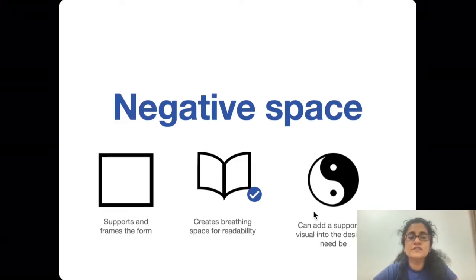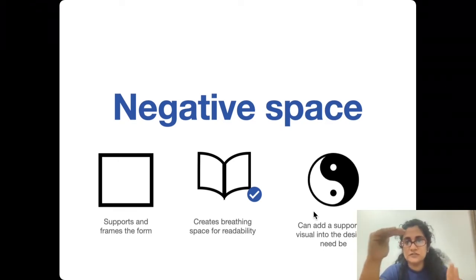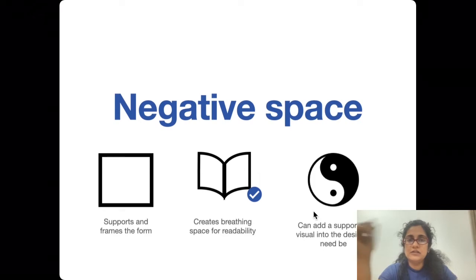Now, what is negative space? Negative space is the area that is all around the form, the leftover space. How does negative space work? Basically, your negative space is what holds the form in place. For example, you will not know where the boundaries are of a certain object or what to focus on unless there is negative space. Negative space makes it possible to give breathing space between objects.